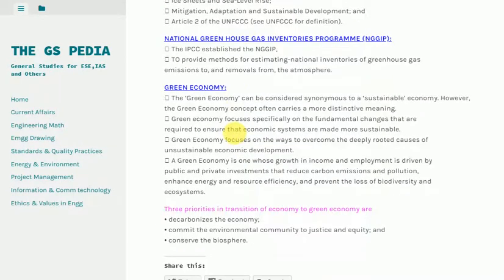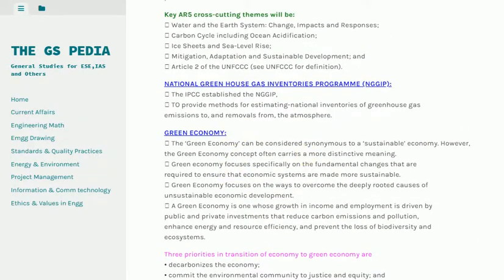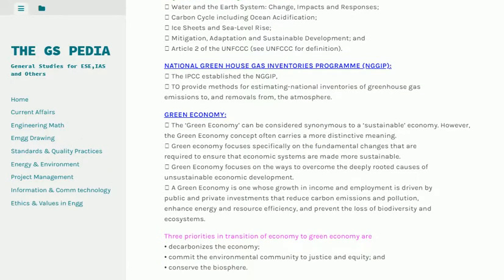A green economy is one whose growth in income and employment is driven by public and private investments that reduce carbon emissions and pollution, enhance energy and resource efficiency, and prevent the loss of biodiversity and ecosystem services.